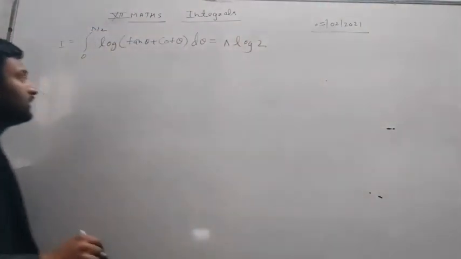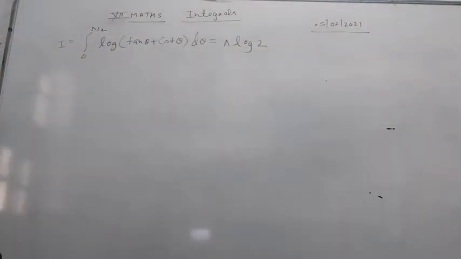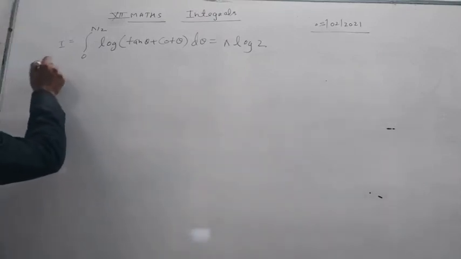Which friends, this is what we have to prove. So friends, we have to prove that I is equal to integral pi by 2 log tan theta plus cot theta d theta is this. So we will now start the solving.